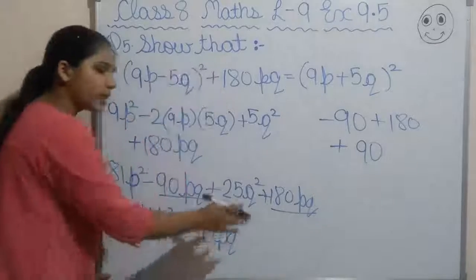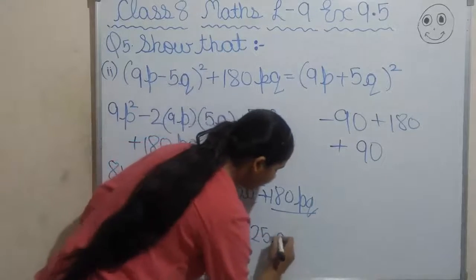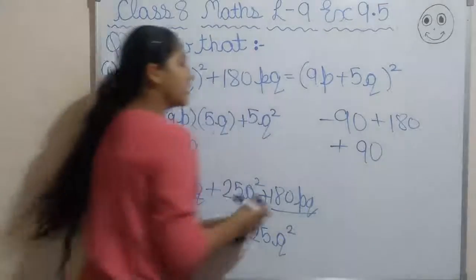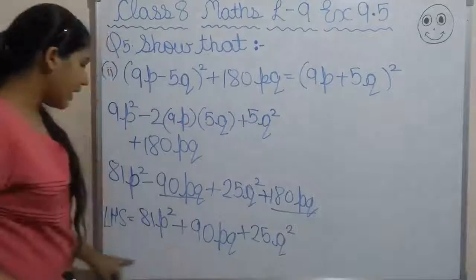And 25q square has no pair, so we write it as it is. So the LHS is this.